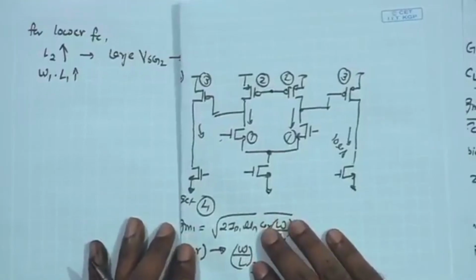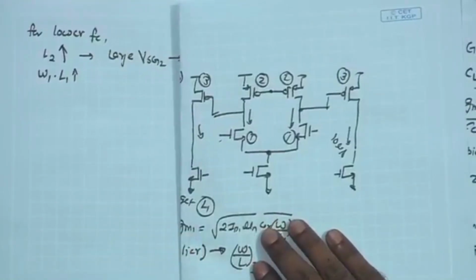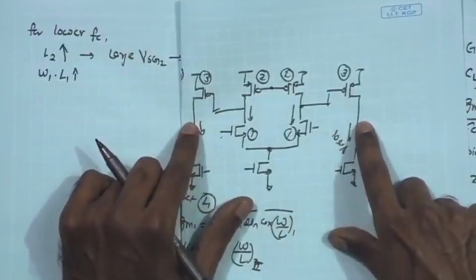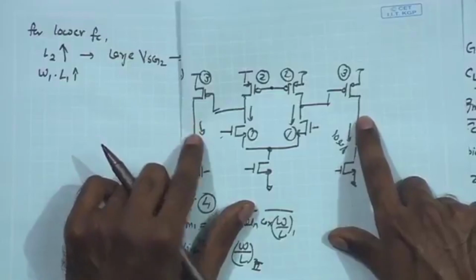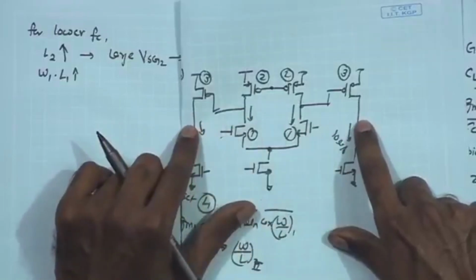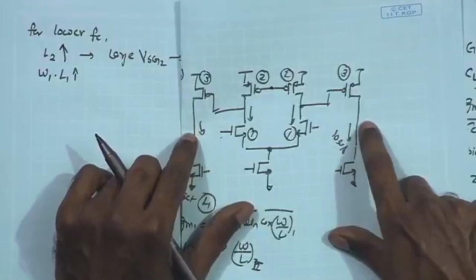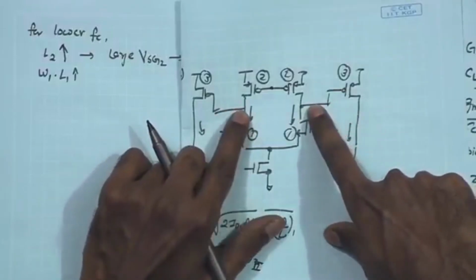But is that a serious constraint for the first stage? Especially if you are looking at the input stage and the signal swing is relatively small, 100 microvolt, and the overall closed loop gain is say 100. At the max we may be getting a signal of 10 millivolt at the final output, and for that 10 millivolt we have an even smaller signal swing over here.